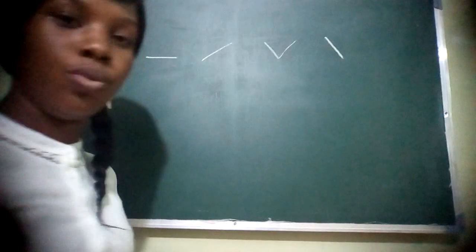So the Chinese language has basically 4 tones. There are actually 5 tones, but 4 are the major ones that are used regularly, and they are the flat tone, the rising tone, the falling rising tone, and then the falling tone.